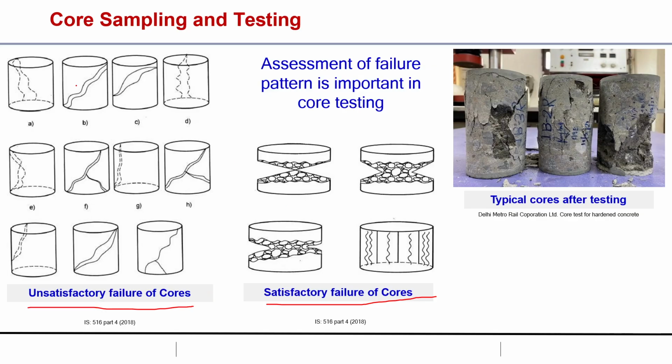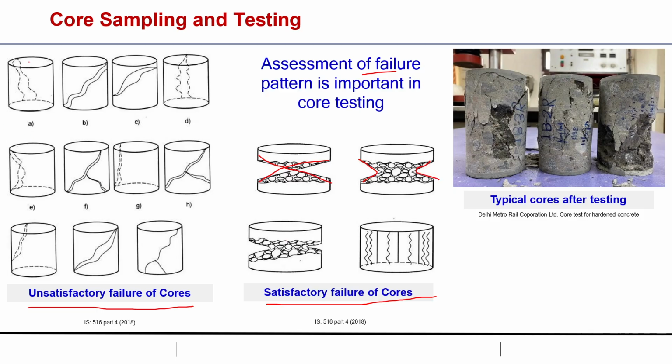Basically, a clean diagonal cone and cap type shear fracture across the cylinder shows that the loads were evenly distributed. We want the load to be evenly distributed, and that failure pattern, as you can see here, is satisfactory. So generally it is like this, these are the satisfactory failure modes.